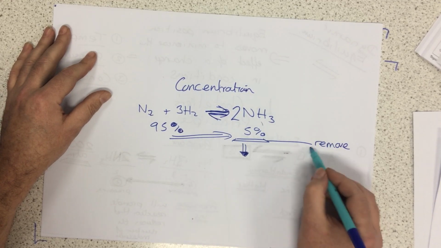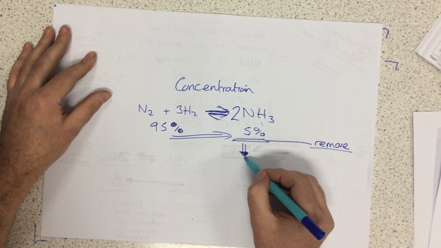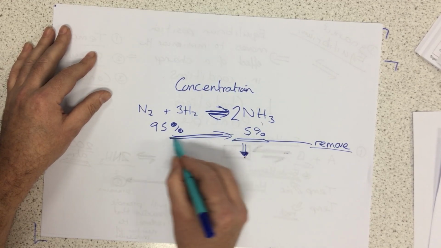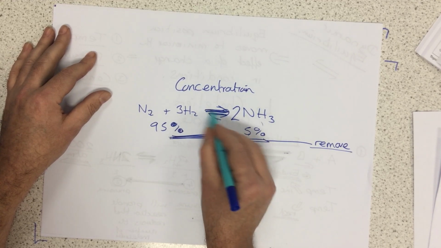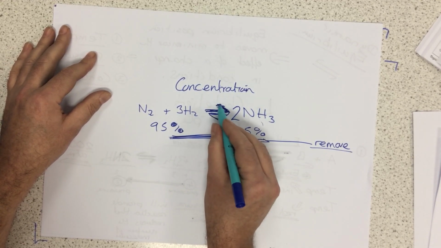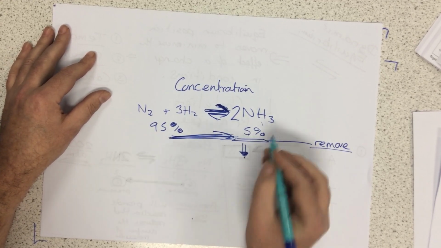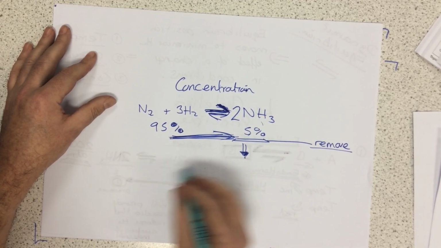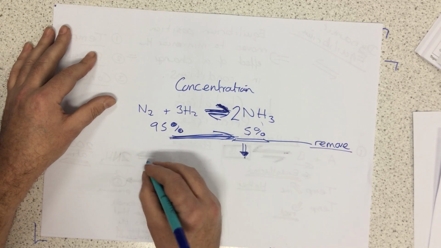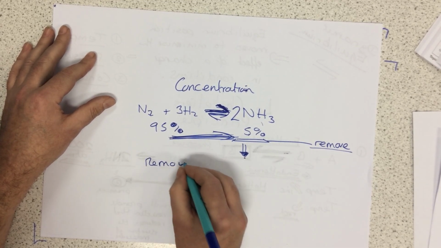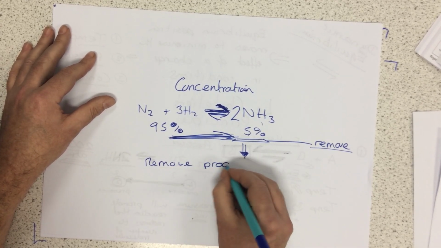In other words, by removing this, we'll reduce that concentration. So to increase the concentration, more nitrogen and hydrogen will react to move to this side. So we'll promote the forward reaction. So in the case of Le Chatelier's principle, by removing our product, we increase the forward reaction.